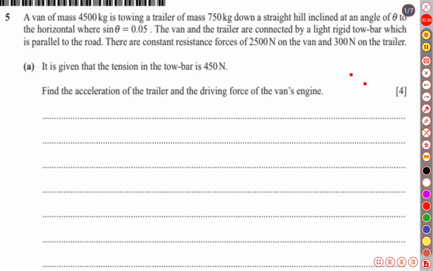The van and the trailer are connected by a light rigid tow bar which is parallel to the road. There are constant resistance forces of 2500 Newton on the van and 300 Newton on the trailer. It is given that the tension in the tow bar is 450 Newton. Find the acceleration of the trailer and the driving force of the van's engine.